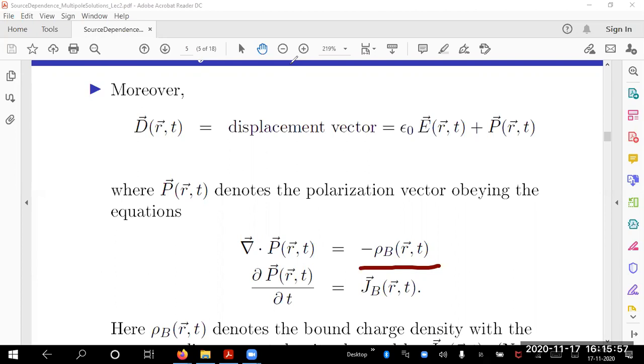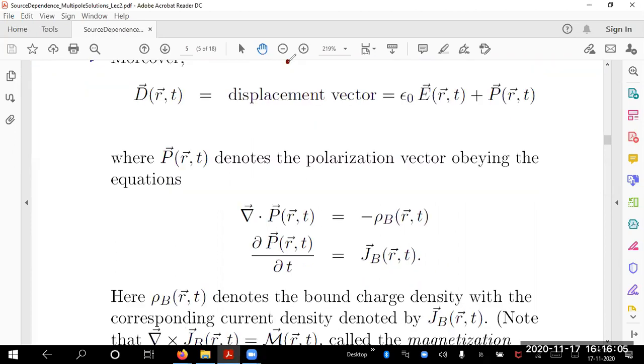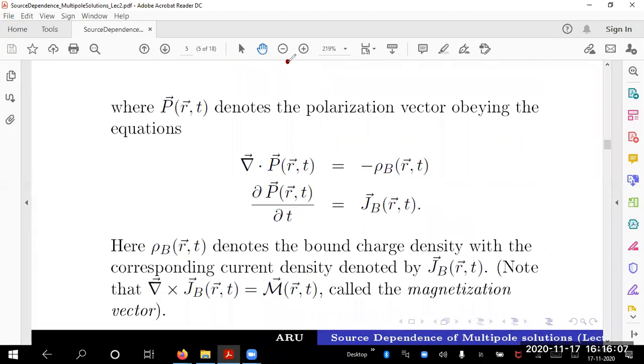These are already known to you from your electrodynamics class. Curl of this JB is what is called magnetization. That is one more characterization. So these are properties we already know for the source. So we know what is rho, what is J, etc.